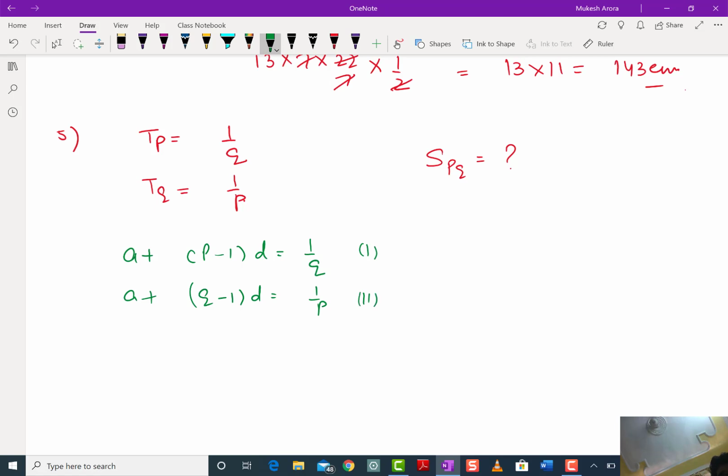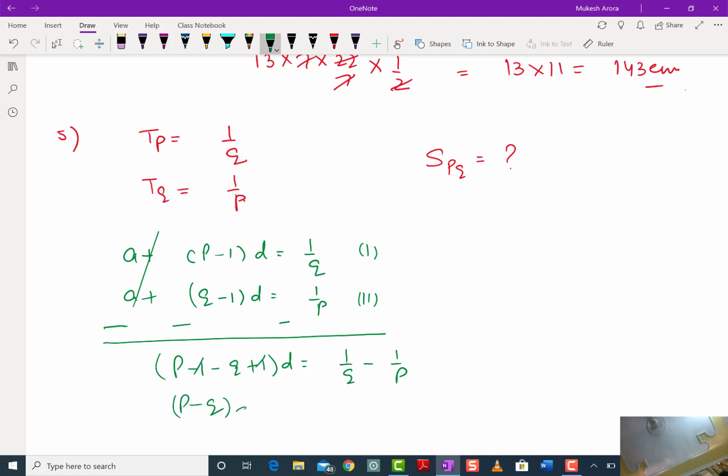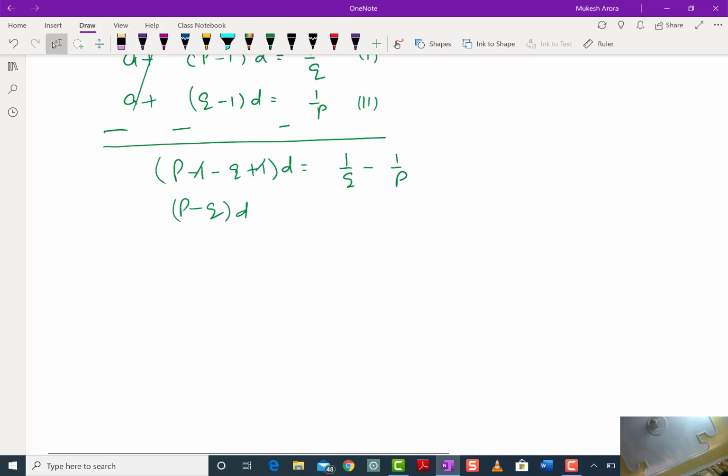As we do with simultaneous linear equations, solve them and find the values of A and D. Subtracting, P minus 1 minus Q plus 1 D is equal to 1 by Q minus 1 by P. This is cancelled. P minus Q into D is equal to, LCM is PQ, P minus Q, again this is cancelled.